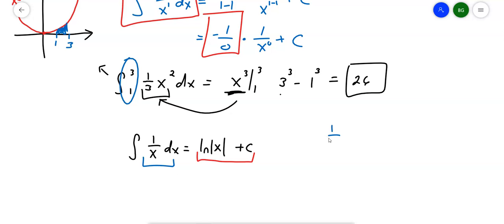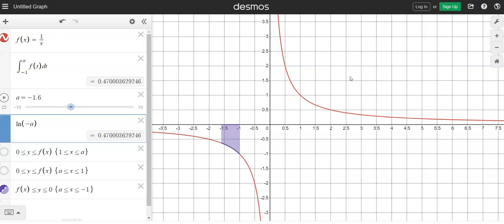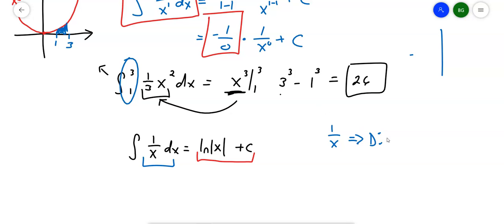And 1 over x has a domain, well, remember 1 over x, it's the hyperbola we saw on the screen here. So we can see it goes from negative infinity to 0 and then 0 to infinity. What about the domain of the natural log of x?